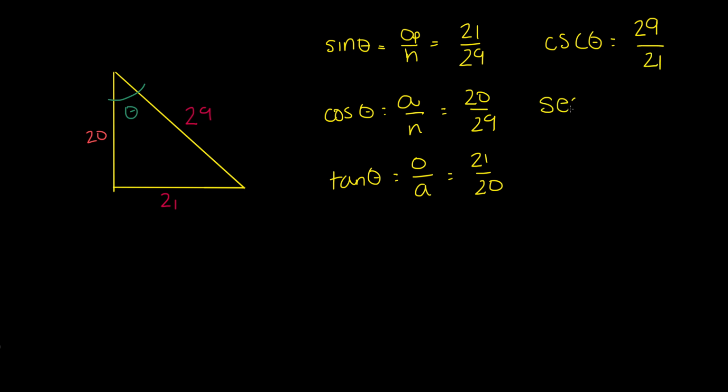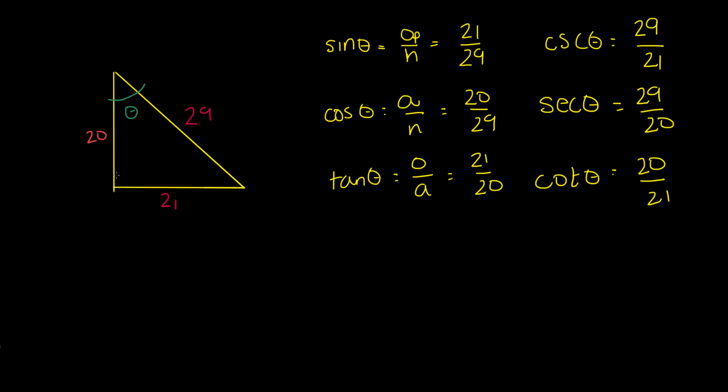The secant of theta is going to be the reciprocal of cosine, which is 29 over 20. And the cotangent of theta is going to be the reciprocal of tangent, which is 20 over 21. Not too bad. And so there are these 6 functions using a right triangle.